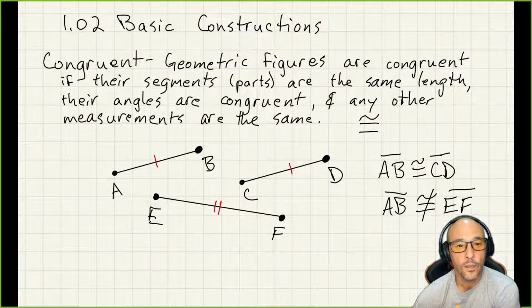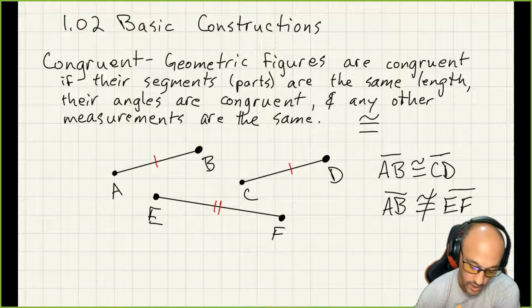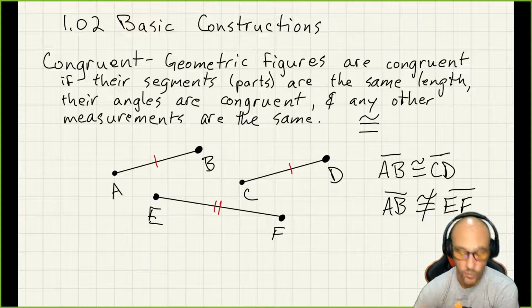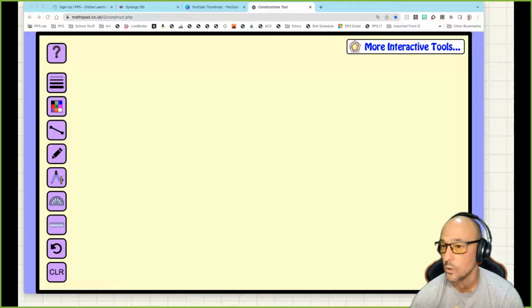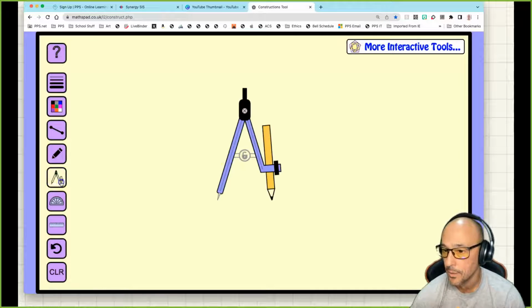So thank you. The idea of congruence is important when it comes to thinking about constructions, which this lesson is about. One of the important aspects of a construction is an arc. And we make an arc with a compass. So there's a compass tool, and I'm going to show the compass tool right here. This is the compass, okay?